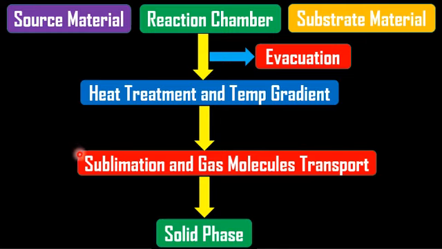And after sublimation, the gas molecules which act as transportation gas, like nitrogen and argon, will transport the sublimated source material onto the surface of the substrate, and at the end of the day the transported gaseous source material will be converted into a solid phase by condensation, and you will get a thin film by the closed space sublimation process.